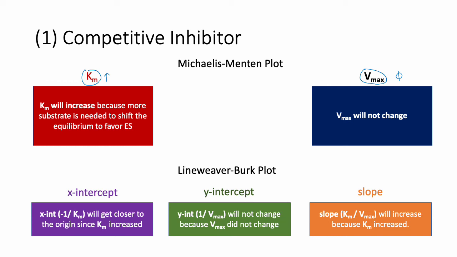The y-intercept, or 1 over Vmax, will not change because Vmax did not change. And the slope, Km over Vmax, will increase because Km increased. So let me write that down. M, which is a symbol for slope, increased.